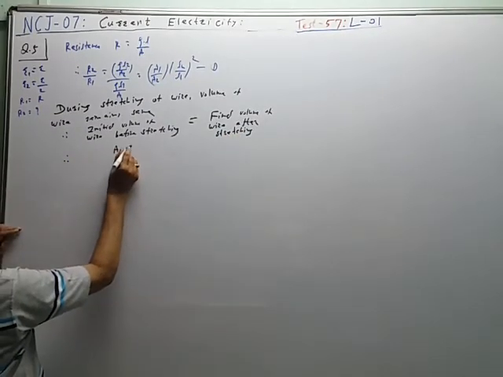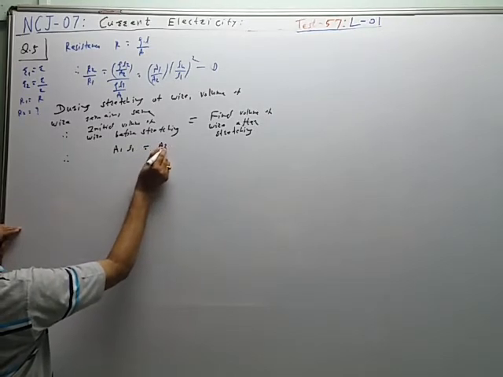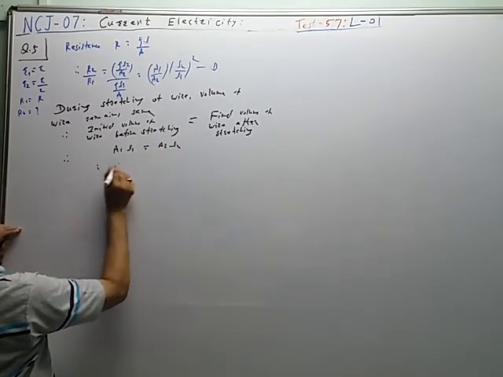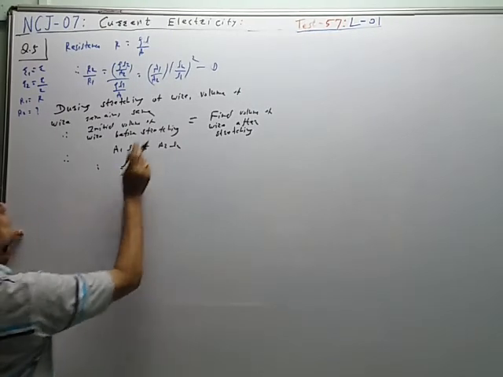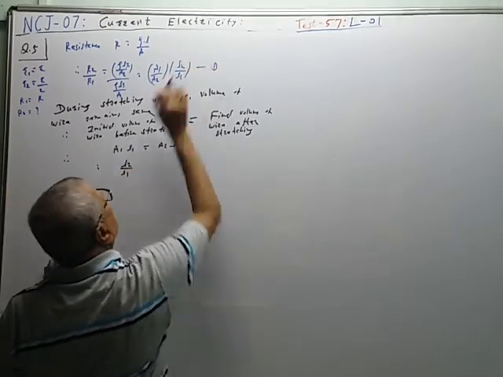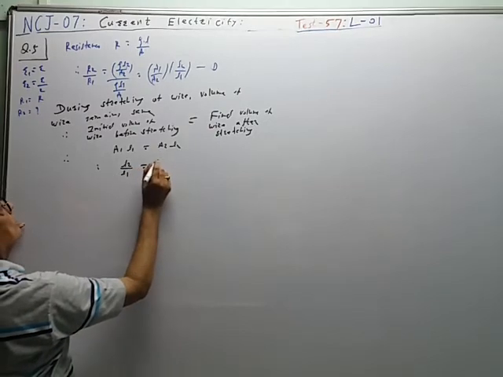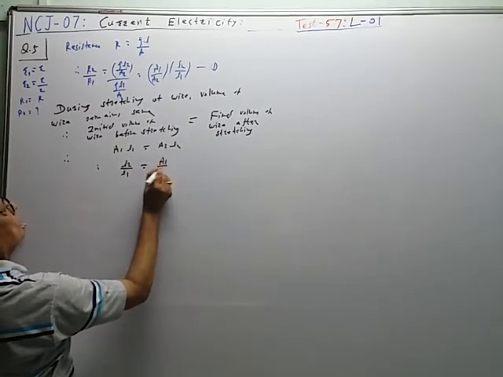Therefore, A1 L1 is equal to A2 L2. Therefore, L2 upon L1 is equal to A1 upon A2.